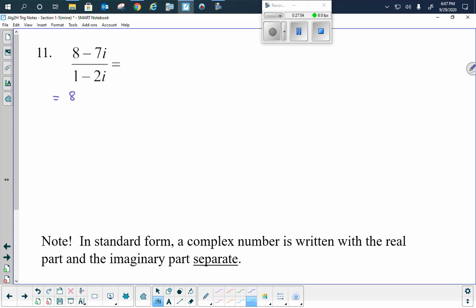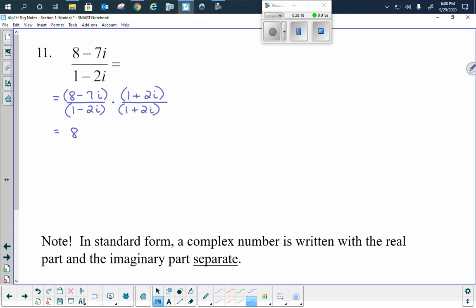Maybe you want to try this one on your own and see what happens. All right, so I'm taking the 8 minus 7i over 1 minus 2i, and I'm going to multiply by the conjugate of the denominator, 1 plus 2i over 1 plus 2i. You need a bunch of parentheses just so you're distributing correctly. Carefully see what you get there.